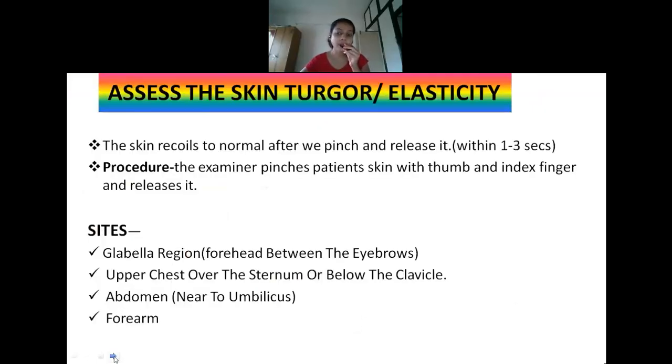Next is a very important assessment, that is skin turgor or skin elasticity. For that you have to pinch the skin with your thumb and index finger. That does not mean you will pinch the patient everywhere. There are some sites to assess skin turgor.